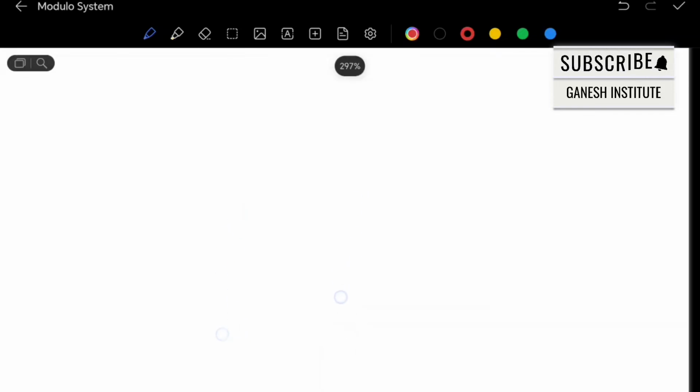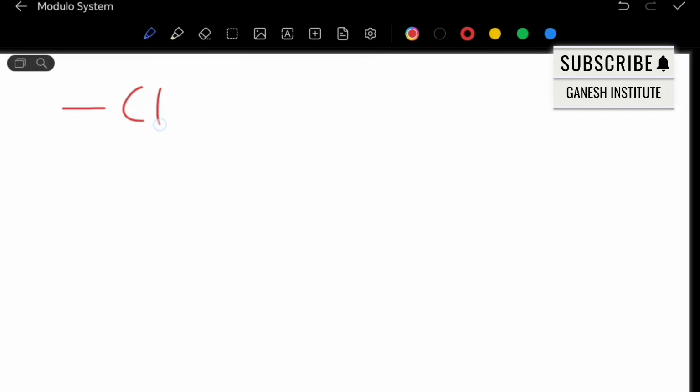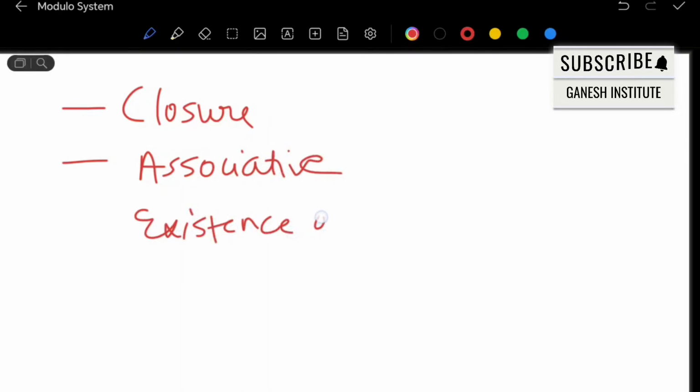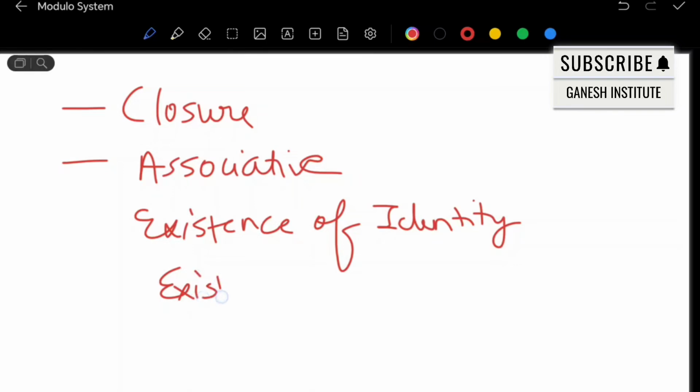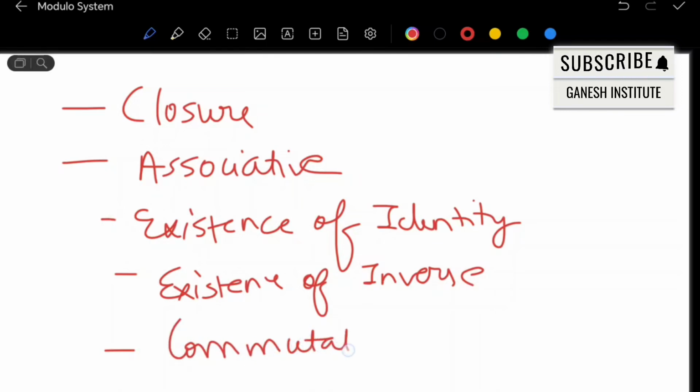We have a group which follows, firstly, the closure property, secondly, the associative property, thirdly, existence of identity, fourthly, existence of inverse, and the last is the commutative property.